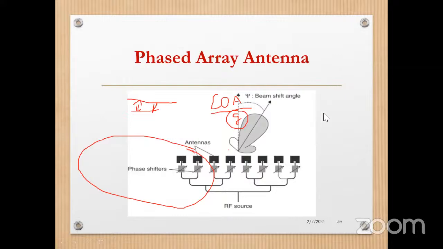And another one is the phased array antenna. This phased array antenna is a current trend. In current research, there is a lot of work going on in phased array antennas, where we use these antennas for radar applications.